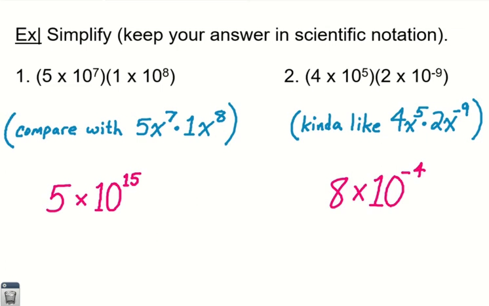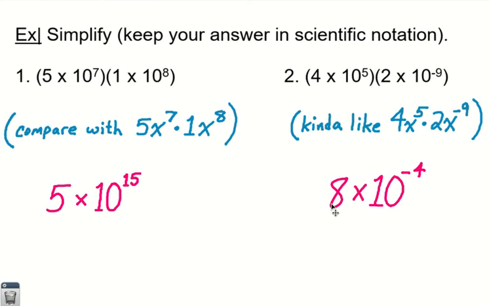Now, I want to take a breath really quick before we move on. I want to point something out. It's not going to be a big deal at the end of the day, but I want to ask you, are these two final answers acceptable final answers? In other words, is this number in true scientific notation?